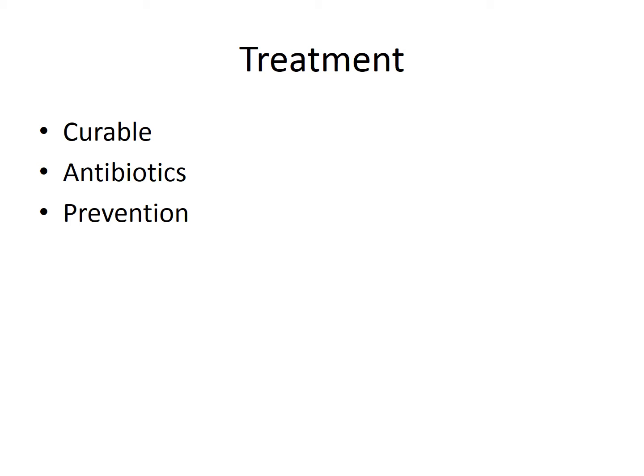So we don't want them to get bit. We don't want them carrying anything on them. And that's a big public health issue in itself, to make sure that individuals' animals are on flea and tick medication for prevention.